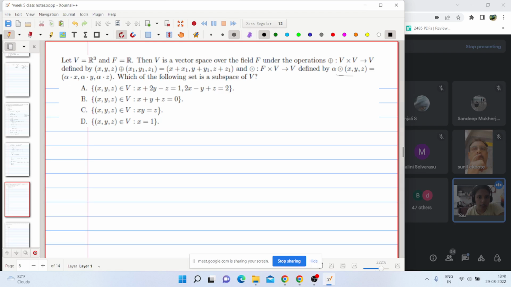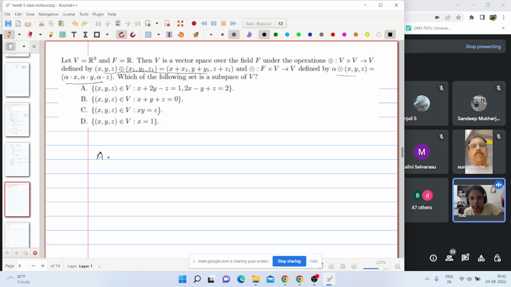We need to check whether each is a subspace or not. Okay, let us go to the first one. What do you think, whether A is a subspace of R3 or not?